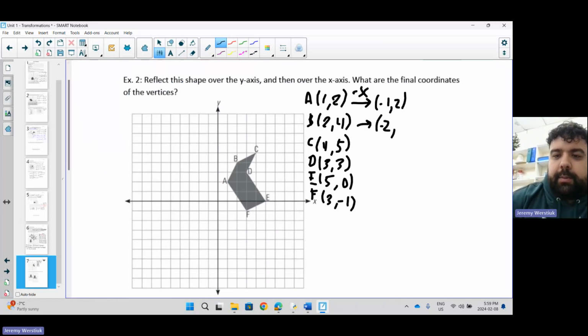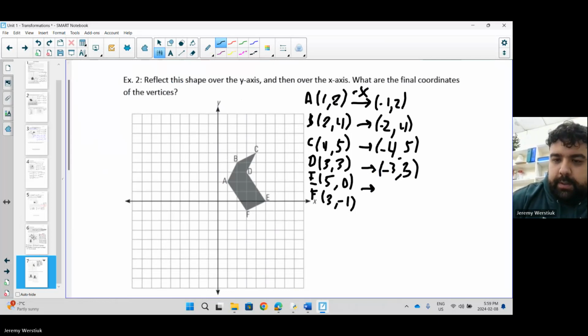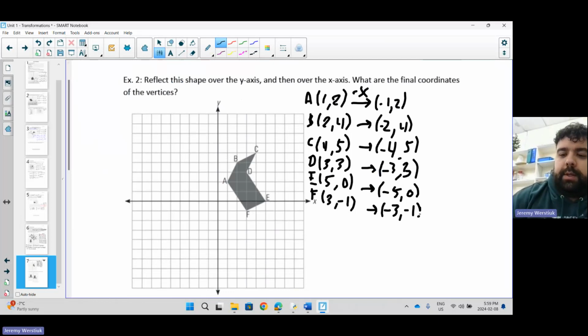Go to -2, 4. -4, 5. -3, 3. -5, 0. And then -3, -1.